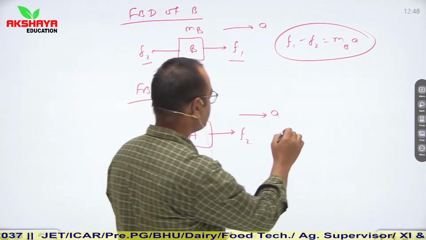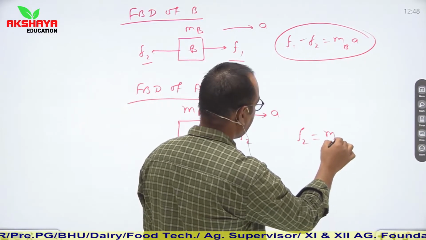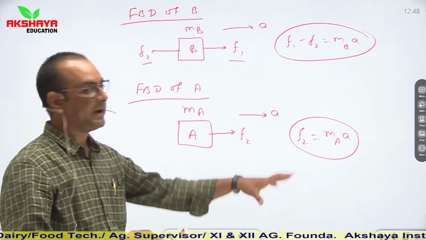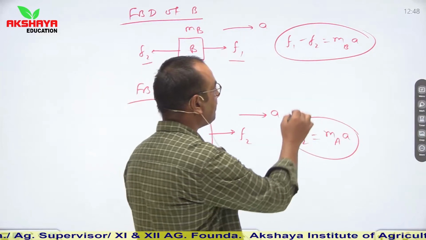So in this situation, F2 is equal to mA into A.